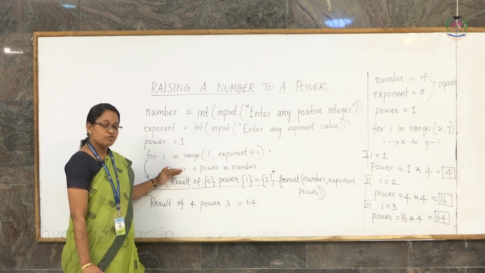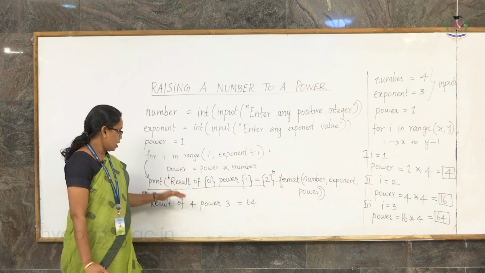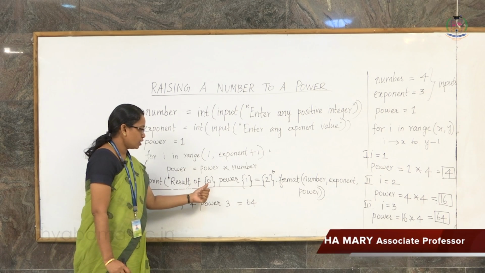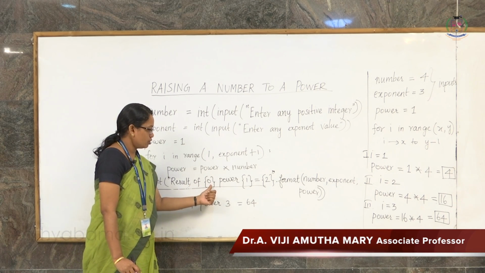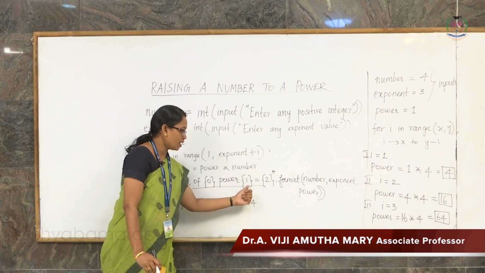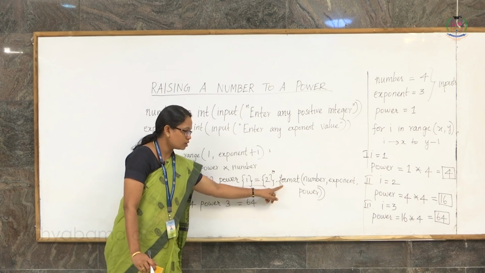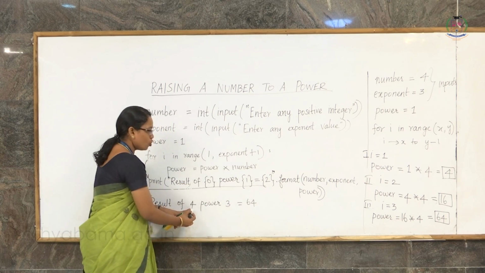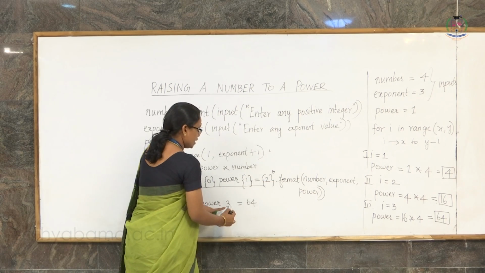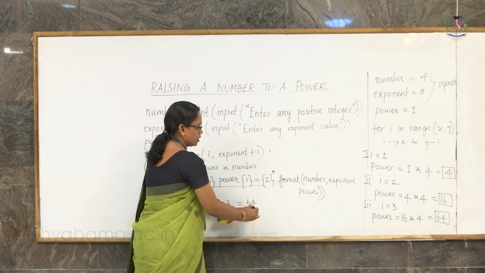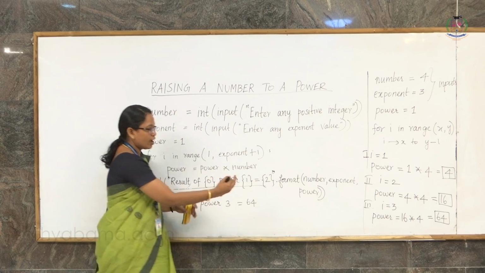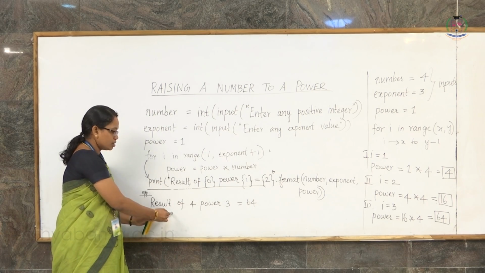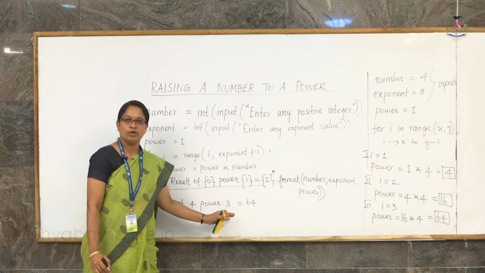If you have to get the output in this format, you can change the last line as a print statement: result of, within curly braces write 0 power 1 equal to 2, dot format of, and write in the same order, that is 4 is the number, 3 is the exponent and power is 64. So, you have to write in the same order. Then you will get the output as result of 4 power 3 equal to 64.